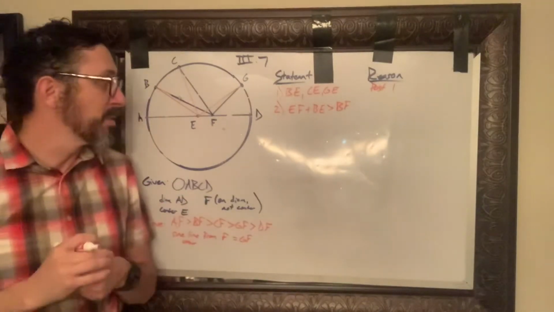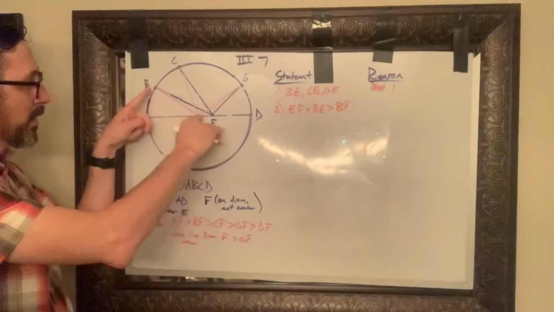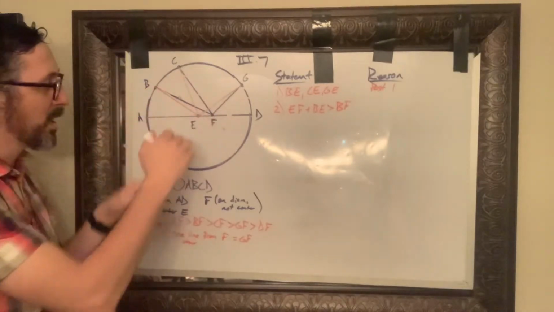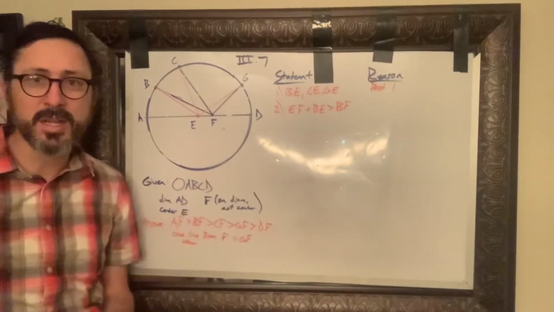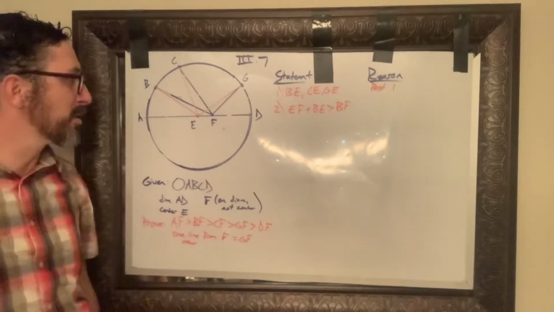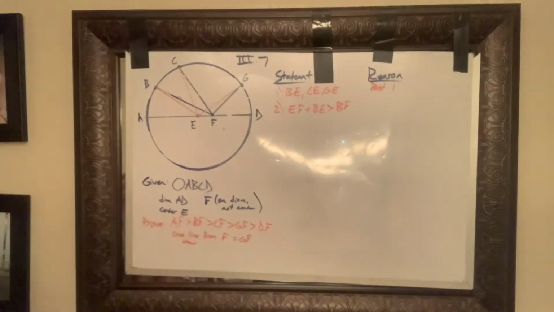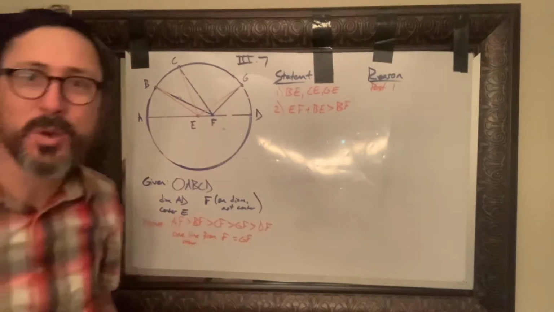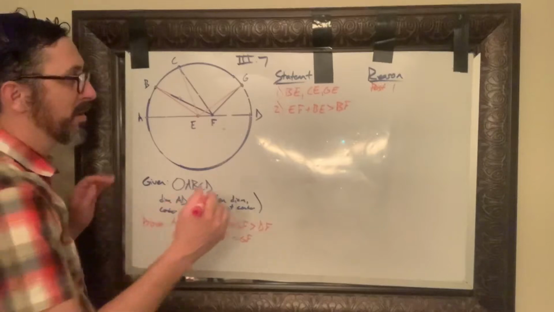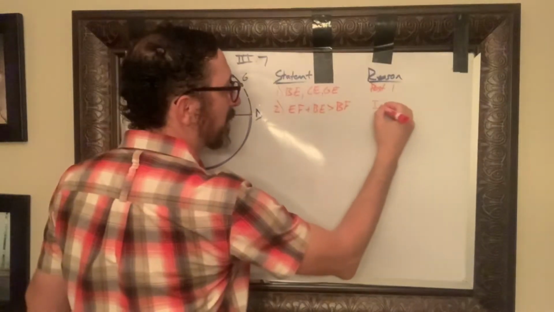And that's from the proposition that says in a triangle, so we're looking at triangle BEF, if you take two sides and add them together, they're bigger than the third side. Any two sides taken together are bigger than the third side. And that is proposition 19 from book 1. Nope, proposition 20 from book 1. Okay, so book 1, proposition 20.